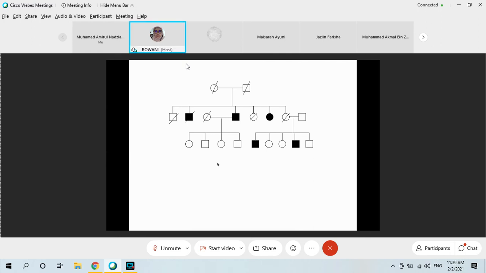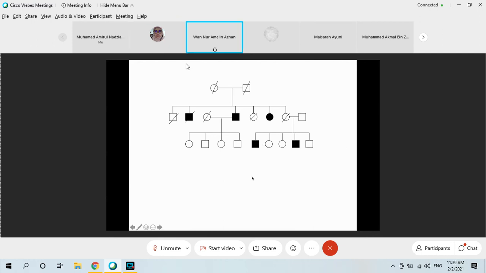Okay, Wan Nur Amalin. In this family, both male and female are affected, and it is inherited vertically, so probably it is X-linked recessive. X-linked recessive, but why is one female affected? Is it X-linked dominant?